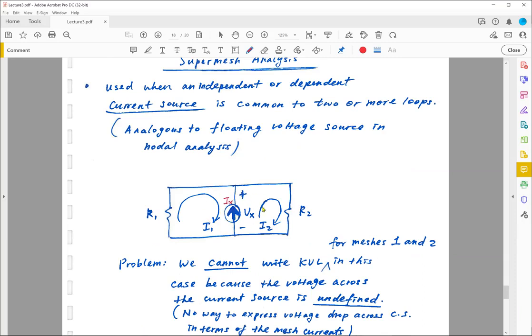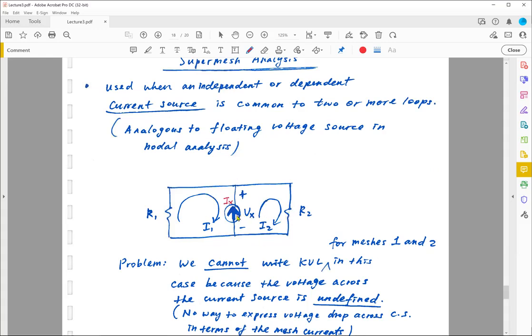For whatever reason, if there exists a current source stuck in between these two loops, a current source that is common to both loops, then unfortunately, I cannot clearly define the voltage drop across this current source.